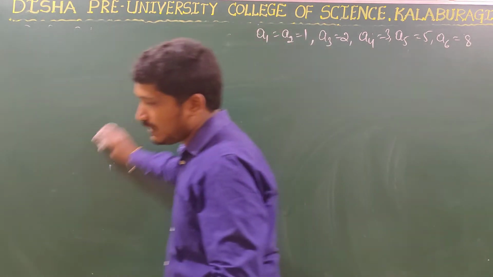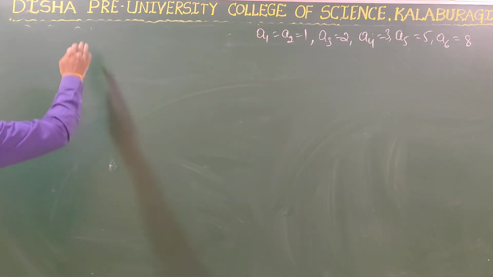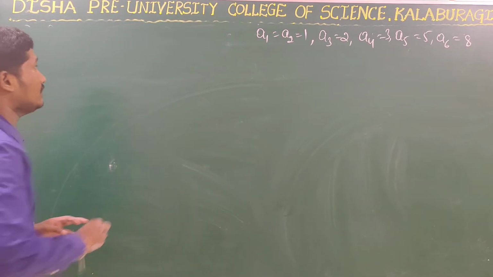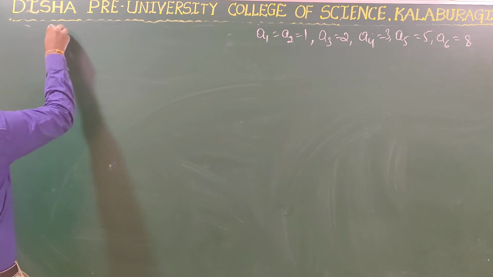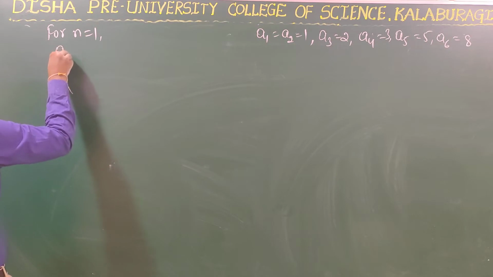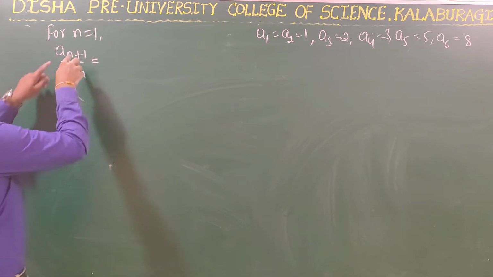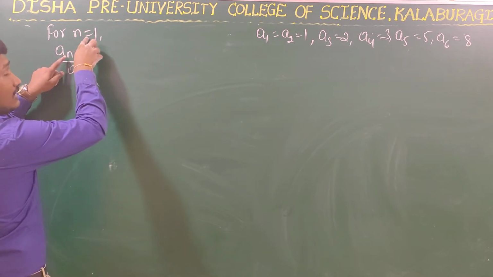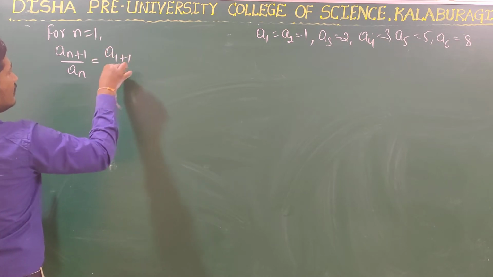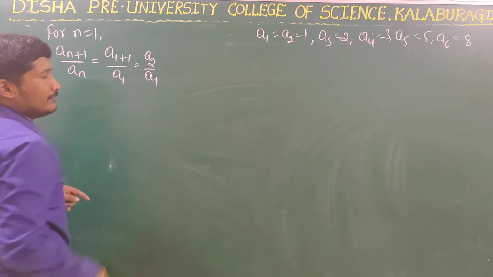Right. So what are we asked to find? An plus 1 divided by An, for the values of n is equal to 1, 2, 3, 4 and 5. So first, for n is equal to 1, An plus 1 divided by An is equal to A1 plus 1 divided by A1, that is A2 divided by A1.